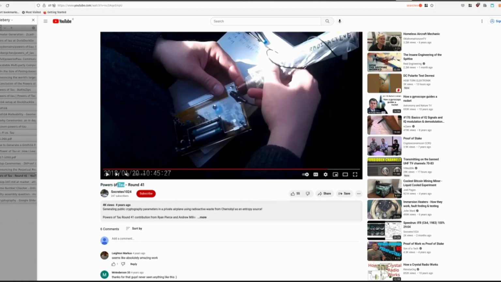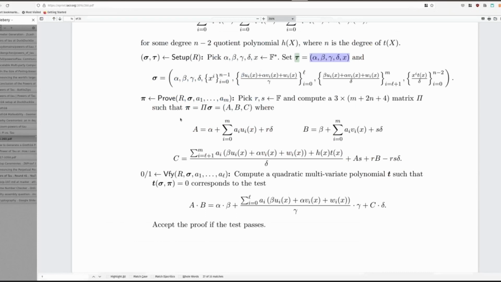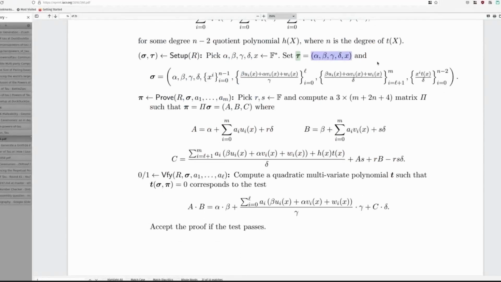And the powers of Tau is one way to do that, where you can have many, many, many people involved in this setup, not just one person. Like in the original Groth paper, this requires just one person to set these up. You rather have many, many people involved in the setup, and only one of those many people needs to be an honest actor, i.e. just delete the data and not keep it, in order for the entire setup to be a success.